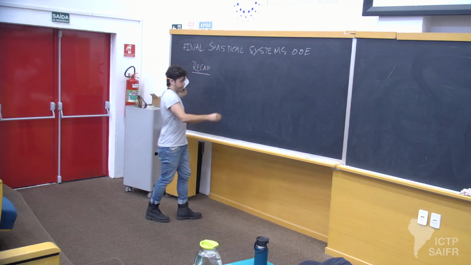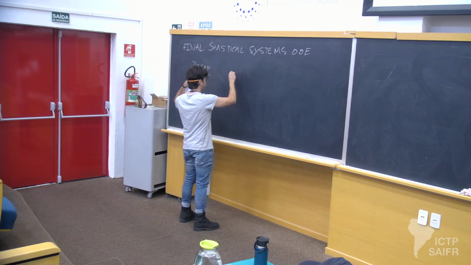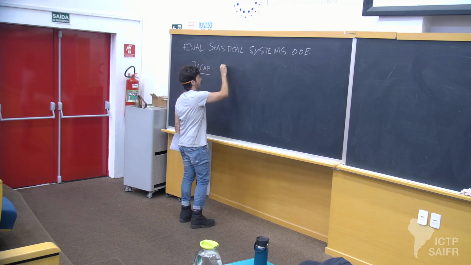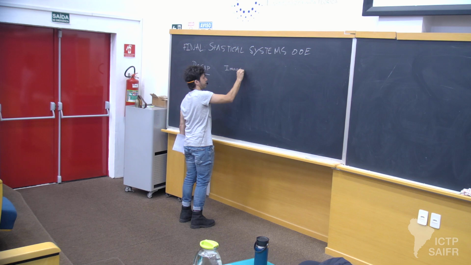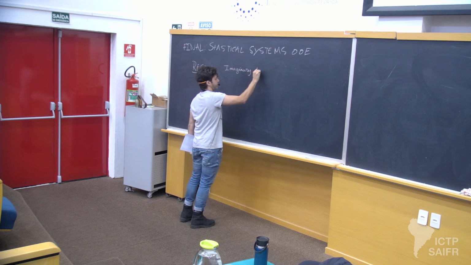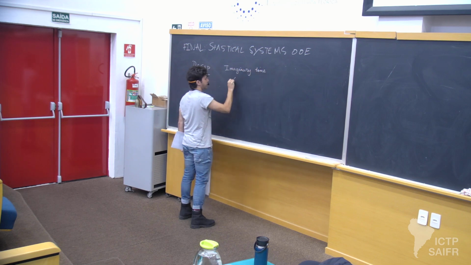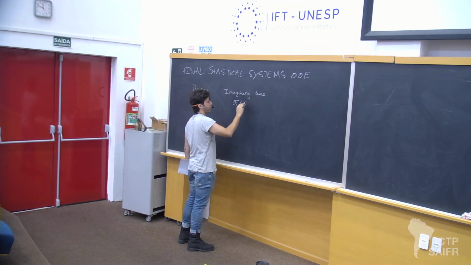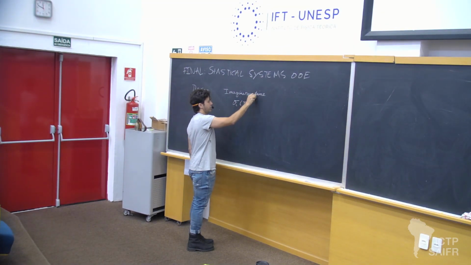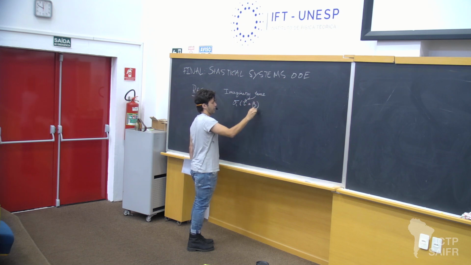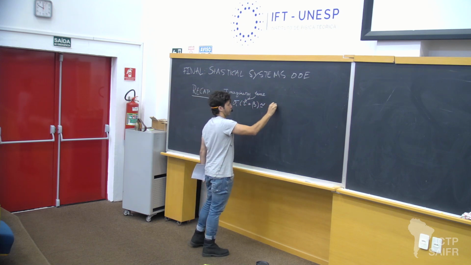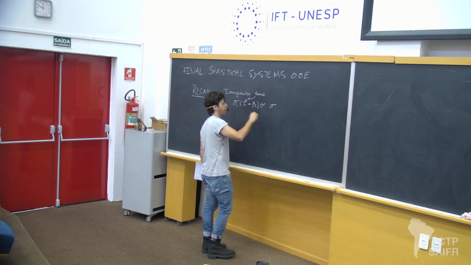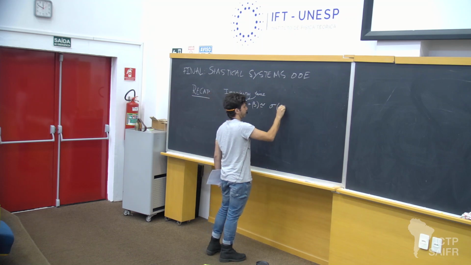In Euclidean time, imaginary time, our spins at each lattice site are functions of this imaginary time tau, and they're periodic functions in the inverse temperature.